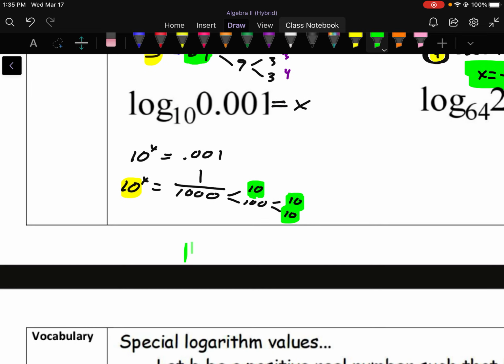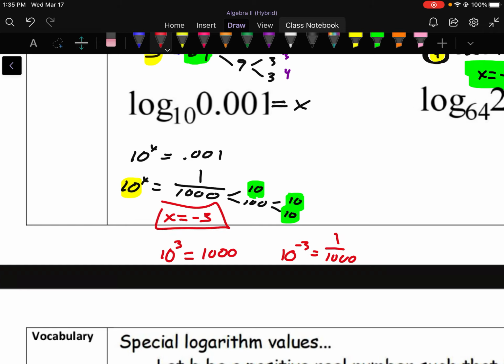That means that 10 to the third equals 1,000, but I want to know 10 to the what power gives me 1 over 1,000. Same thing, in order to get that fraction, we take that exponent, so it's not 10 to the third, but it would be negative 3. That's how you make that from a whole number to a fraction.